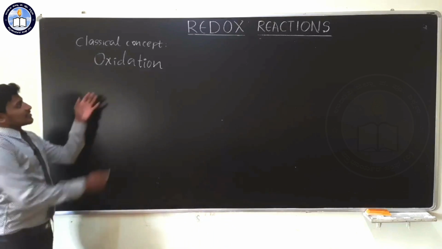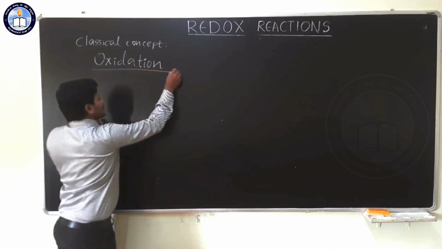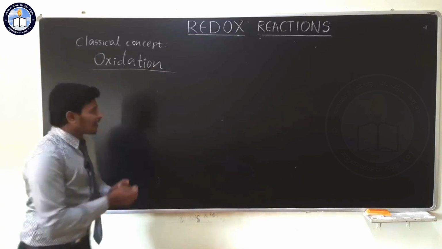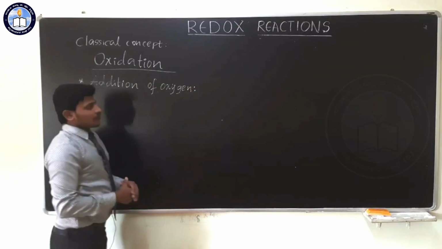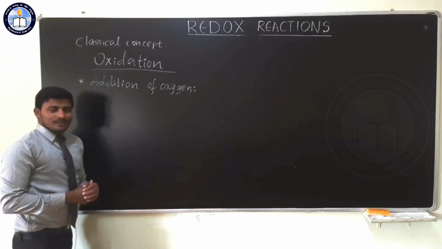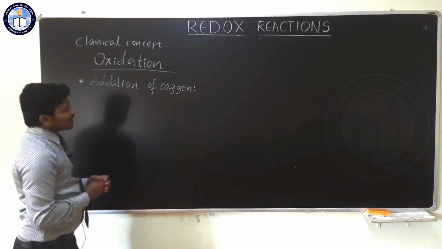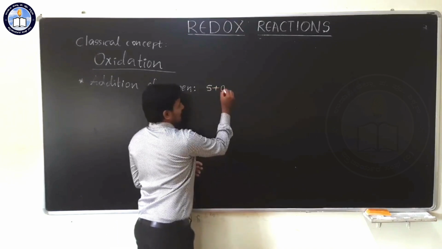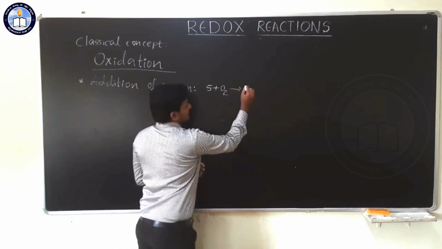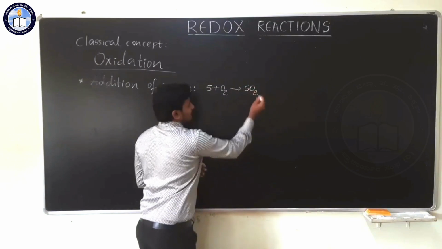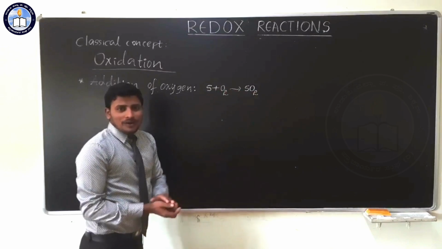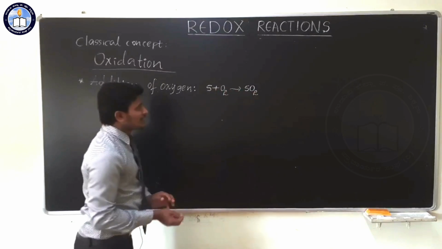The first thing is, what is the meaning of oxidation? The very first definition for oxidation is, first point, addition of oxygen. So what is the example for that? Sulfur reacts with oxygen and gives rise to sulfur dioxide. Very simple example. Addition of oxygen is known as oxidation process.